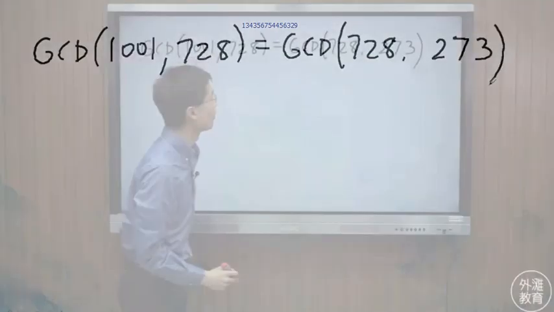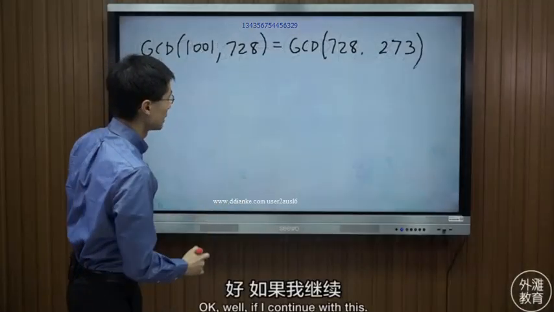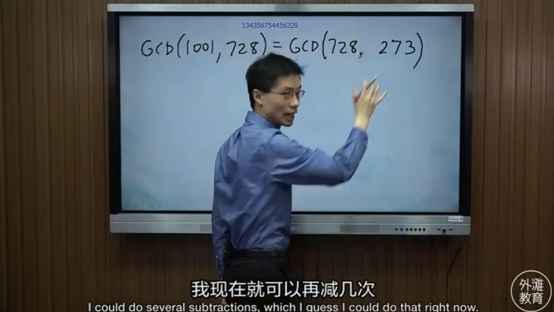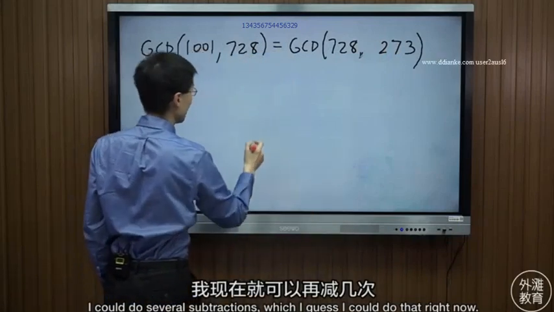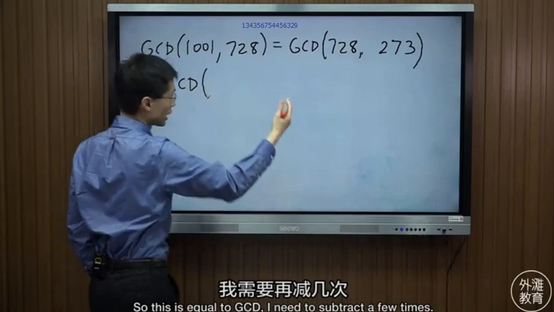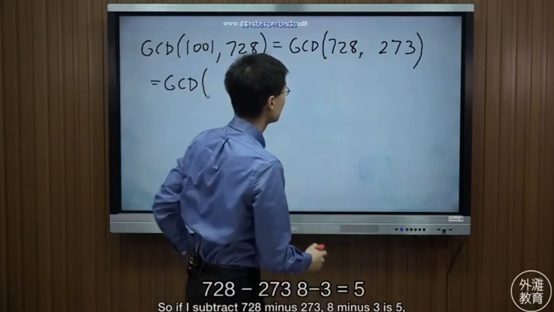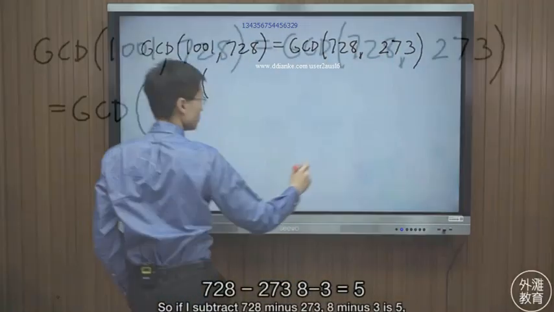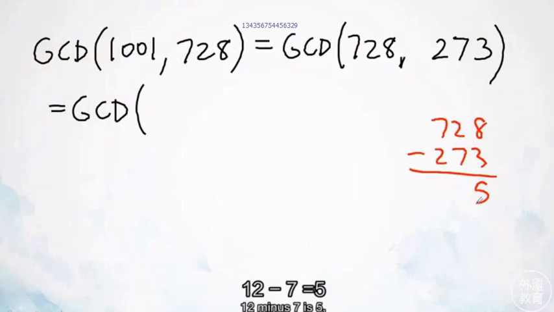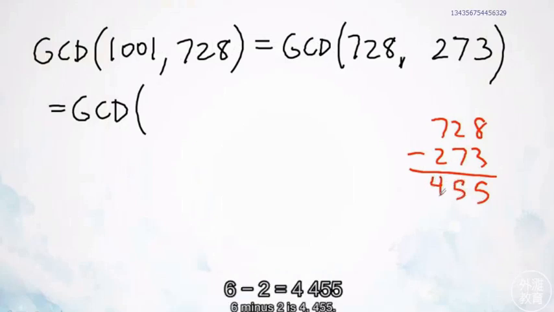Okay. Well, if I continue with this, I could do several subtractions, which I guess I can do right now. So this is equal to GCD. I need to subtract a few times. So if I subtract 728 minus 273, 8 minus 3 is 5, 12 minus 7 is 5, 6 minus 2 is 4, 455.